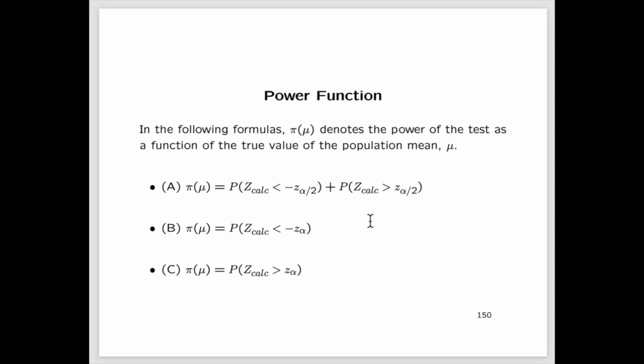For a left-tailed test, the power of the test as a function of mu is equal to the probability that zcalc is less than negative z sub alpha.